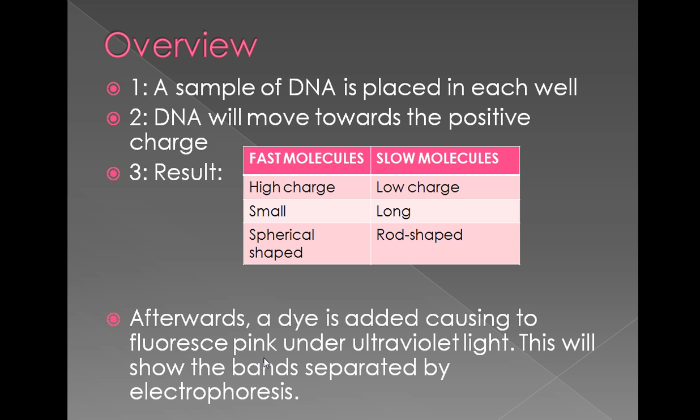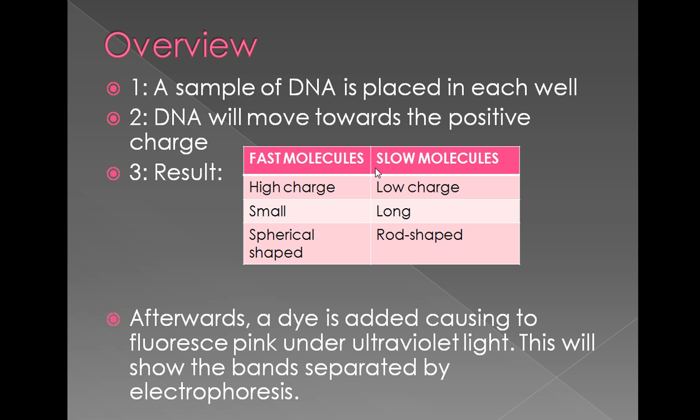So an overview of gel electrophoresis is that a sample of DNA is placed in each well. DNA will move towards the positive charge, and the result of this is that the fast molecules have a high charge, are small and spherical shaped, and the slow molecules have a low charge, are long, and rod shaped.